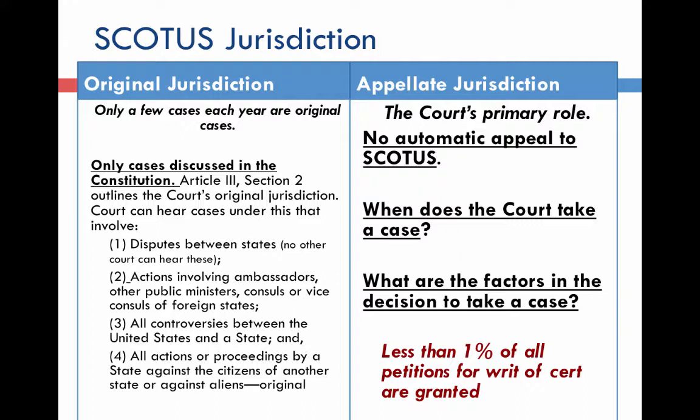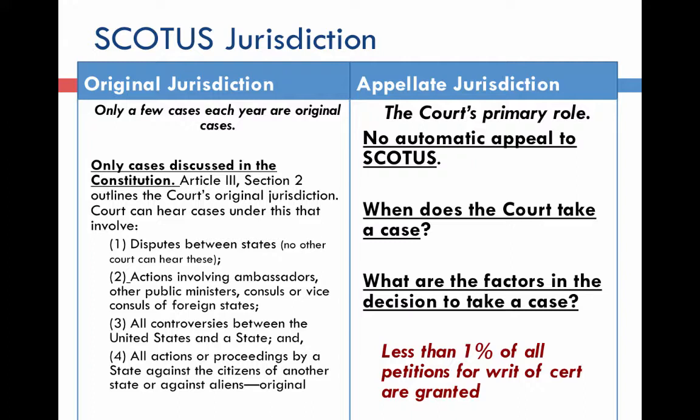So usually that means something like two circuits are interpreting the same thing in different ways. That's called a circuit split. And sometimes the Supreme Court believes something is just of national importance, that they need to be the final word on it. But you must show that the Supreme Court has to step in to settle this important national controversy.